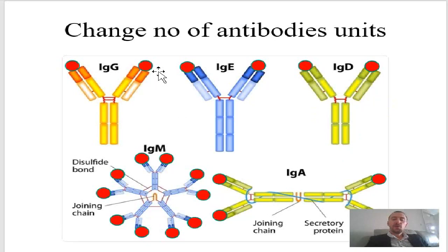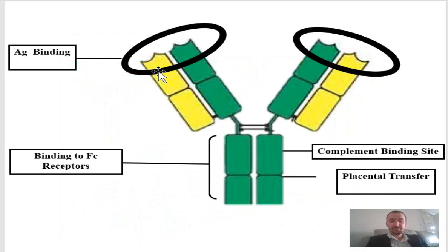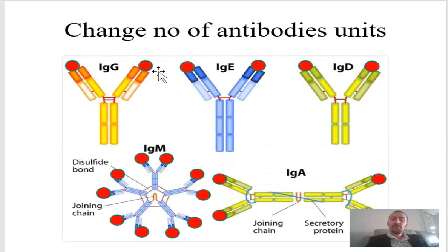Now, we talked about the differences between these types of immunoglobulin in terms of constant regions, but they can also differ based on how they're structured. Okay, so for instance, IgG will be produced as a monomer, that is a single immunoglobulin. As you can see, IgG has the ability to bind to 2 different antigens.